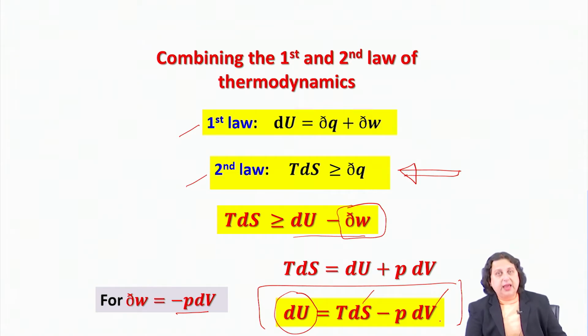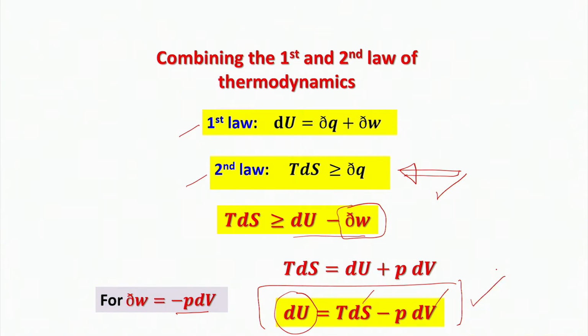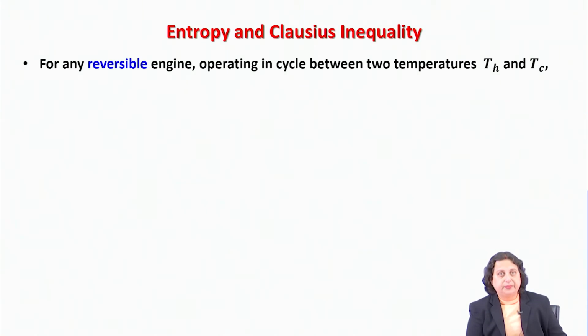Therefore, the task we have at hand is first, how do I arrive at a relationship like this? And once I establish this, then I need to understand how I'm going to use relationships like this in practical applications. So let me now go ahead and talk about what is known as the Clausius inequality.